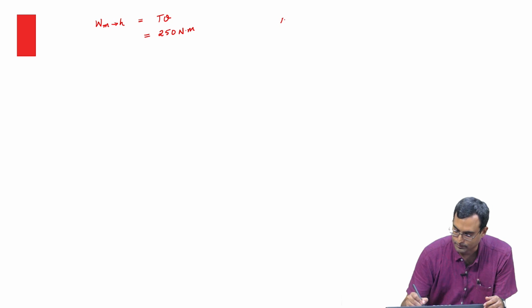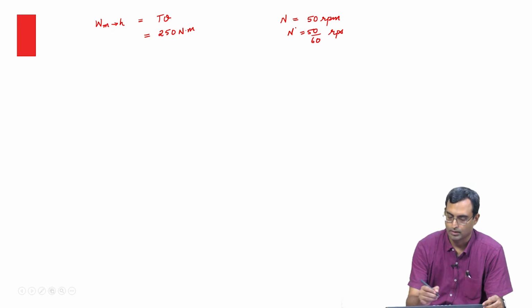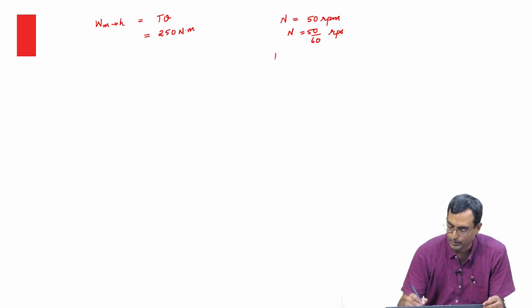We have n, which is the speed in rotations per minute, 50 rpm. So, that is 50 divided by 60 rotations per second. So, the power would be given as 2 pi times n into the torque. So, that is 2 pi into 50 by 60 into torque, which is 250 Newton meters.